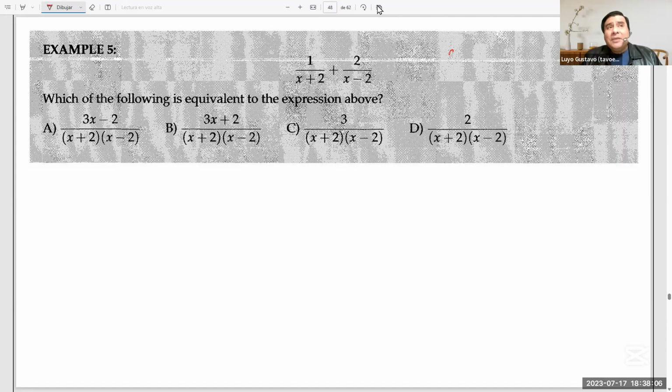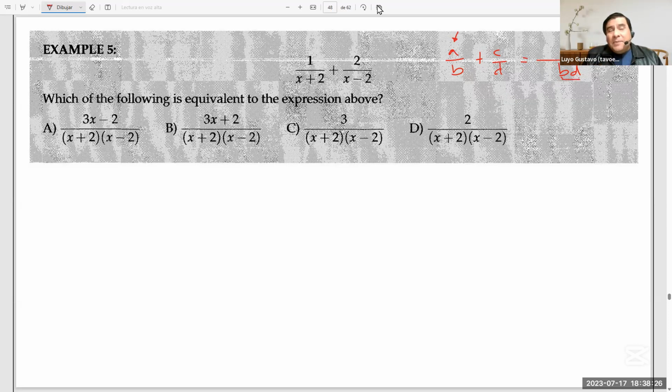For example, something like this: a over b plus c over d. What did we do? We tried to find a common denominator, right? We said, okay, the common denominator will be b times d. And then we find a factor by which to multiply this numerator so that we obtain an equivalent fraction.